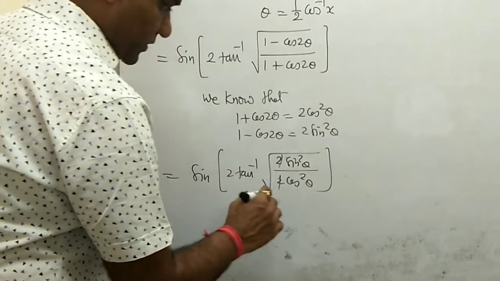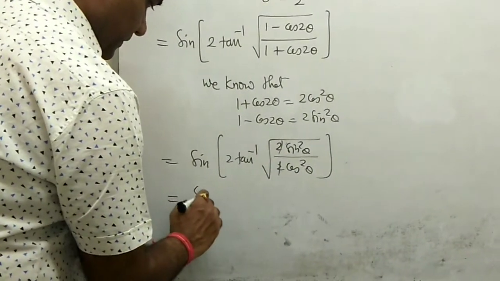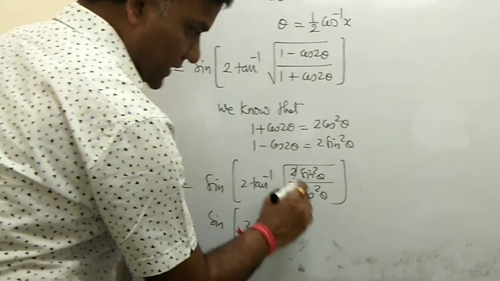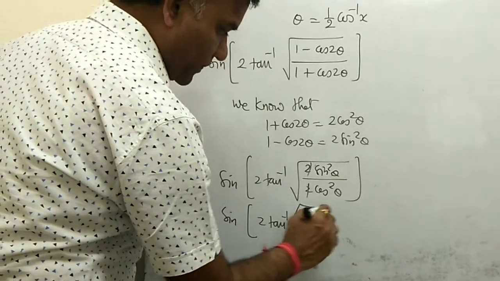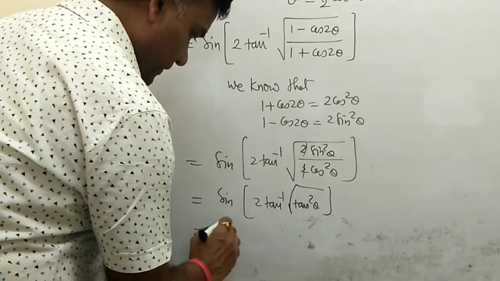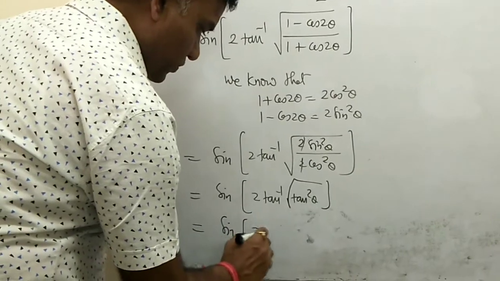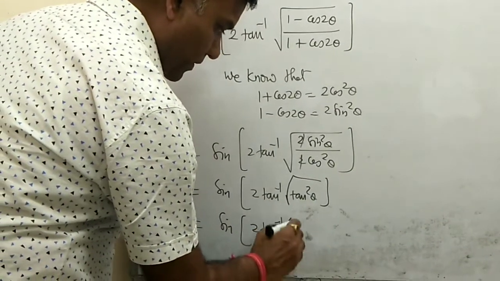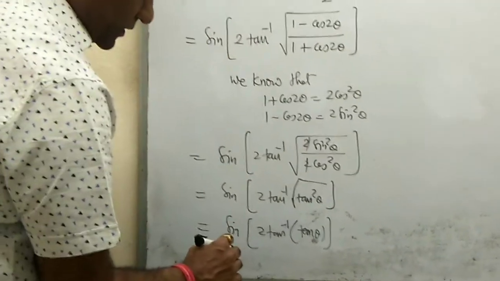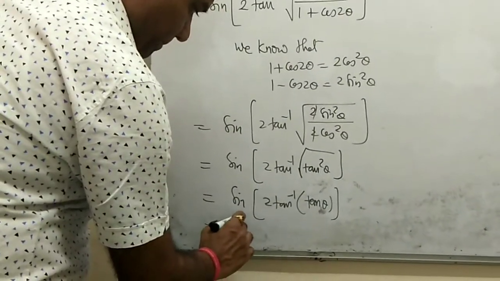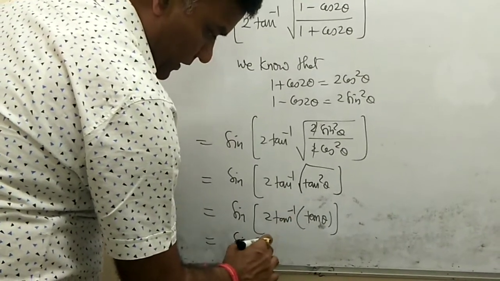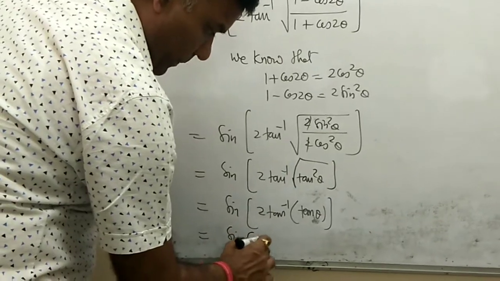So 2 cancels out, and then sine by cos is tan, so under the root we get tan square. Then sine 2 tan inverse of tan theta. Now tan inverse and tan cancel out, so you have only sine 2 theta.